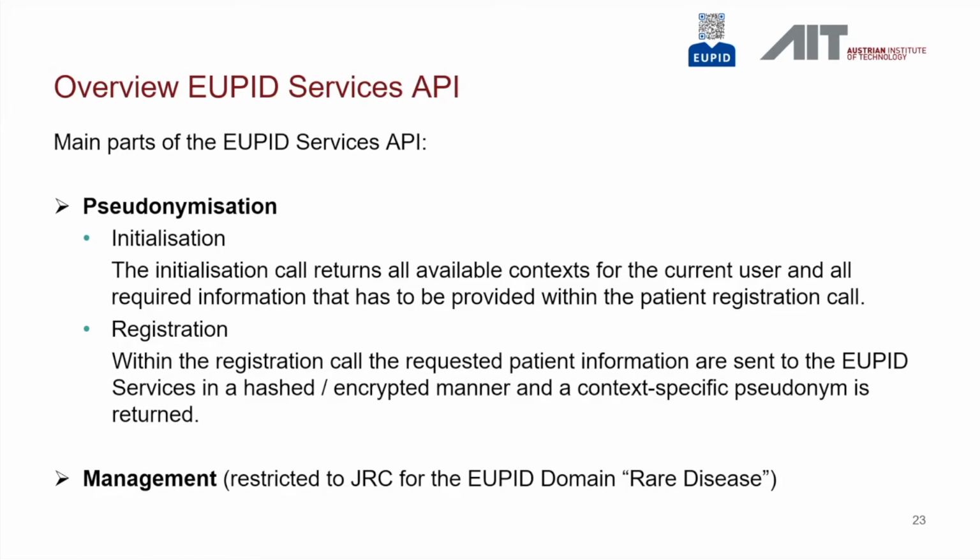Then we will get back a context-specific pseudonym or a status code, which tells us what we have to do if there is something like we found this patient already, we found a similar patient, whatever. This is all specified in the EUPID consumer specification.